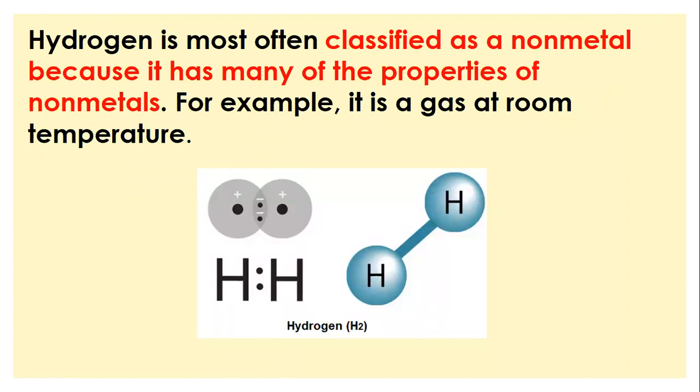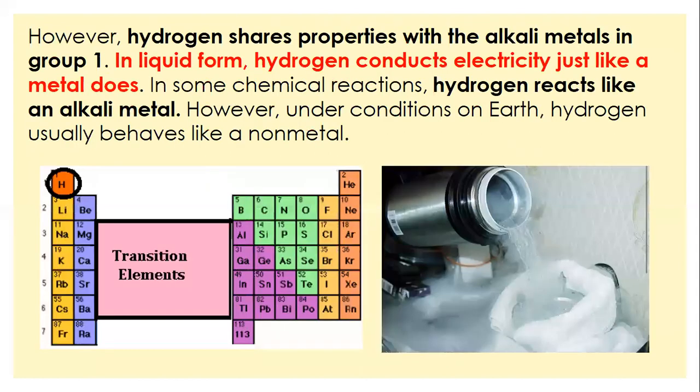Hydrogen we classified as a nonmetal because it has many properties of nonmetals. For example, it's a gas at room temperature. However, we put it in group 1 with the alkali metals, because it also shares some of their properties. For example, when we turn hydrogen from gaseous form into liquid form, it can conduct electricity, while in gaseous form, it doesn't.